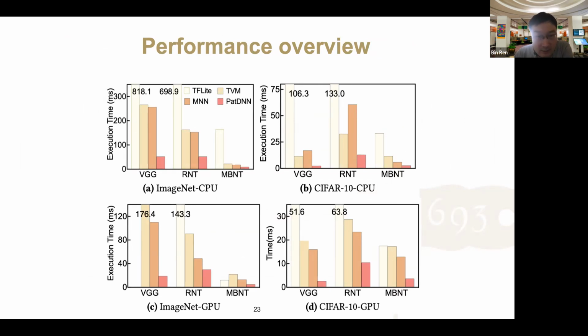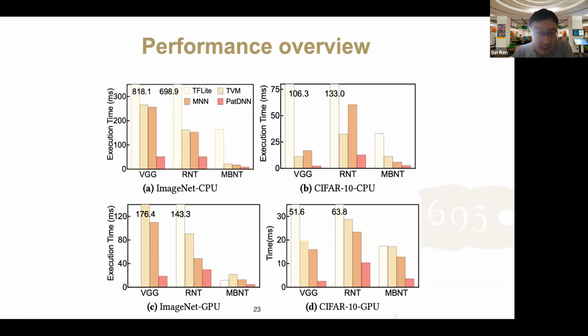A shows the results on ImageNet CPU, B shows the results on CIFAR10 CPU, C shows the results on ImageNet GPU, and D shows the results on CIFAR10 GPU. The x-axis shows 3 different kinds of models, and the y-axis shows execution time. We compare our PyDNN with 3 other frameworks, TensorFlow-Lite, TVM, and MNN.